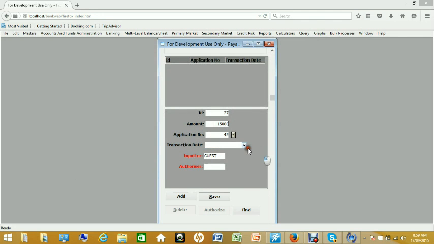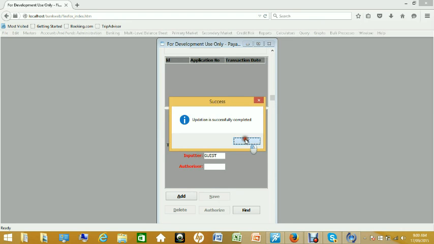It's 45, and transaction date is 19th of September 2015. Let's save a record. Saved successfully.